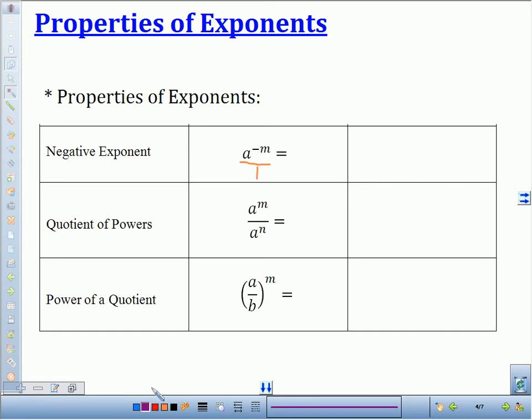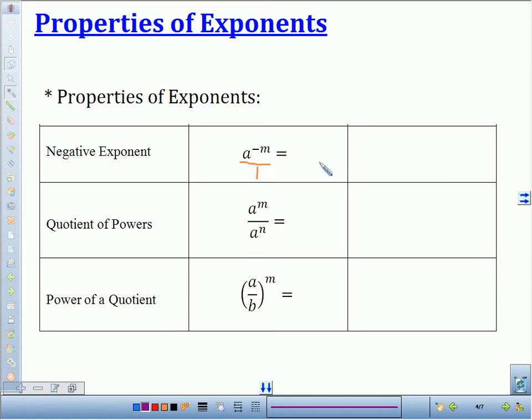Now, what we want to do here is this negative exponent takes the entire term, a to the negative mth, and the entire term will flip upside down, right? You'll take the reciprocal. Remember reciprocal. The reciprocal of 2 is 1 over 2.